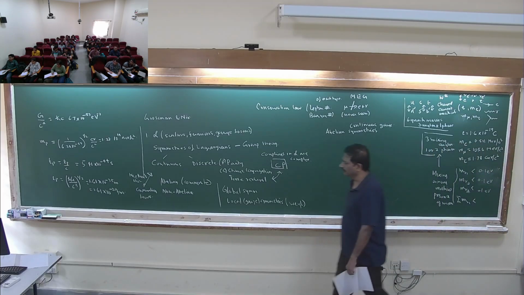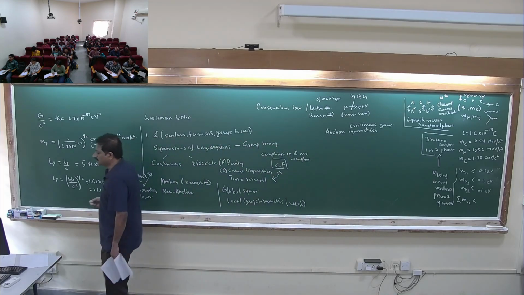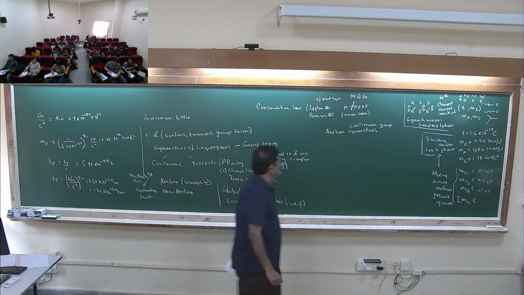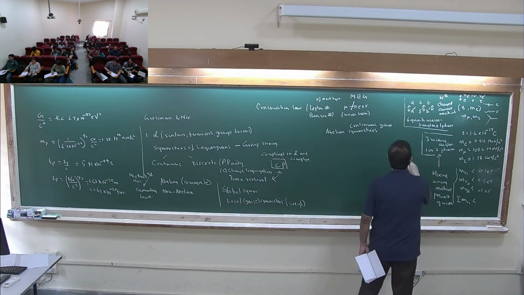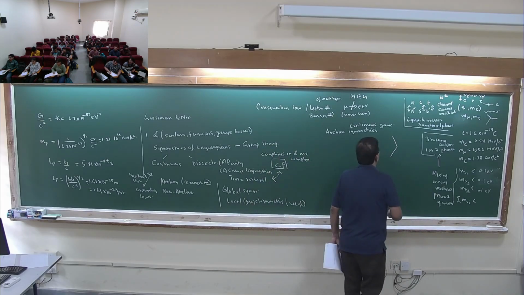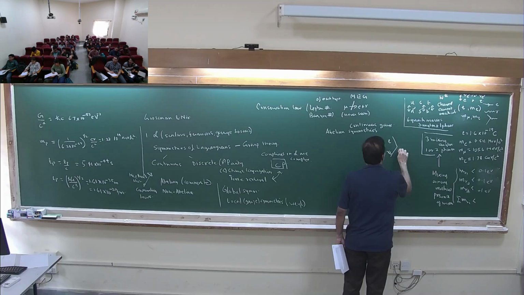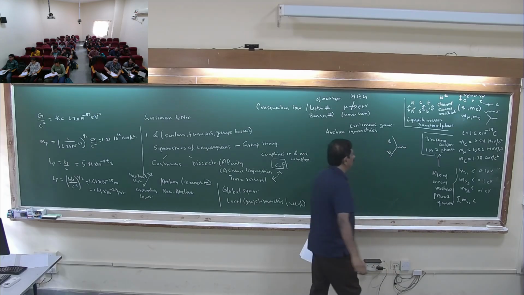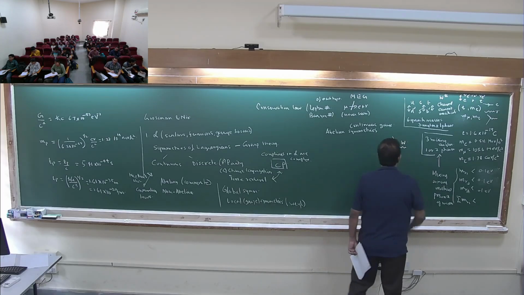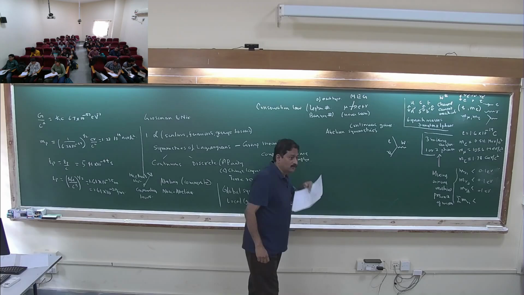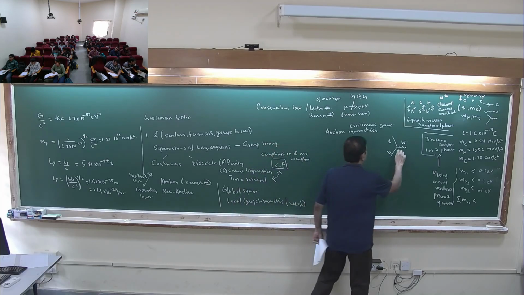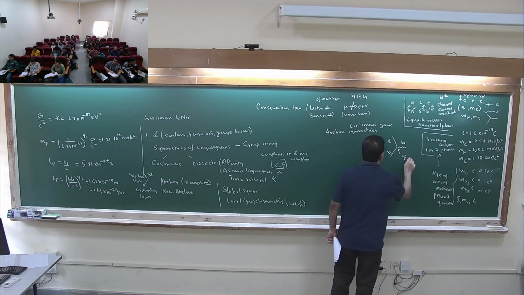So I mentioned something about the weak interaction. What does that mean? That means that there is a coupling between, let's say, a neutrino and an electron, and then there is an interaction like this, which is a W, okay? Which means that there should be a coupling constant associated with that, and that coupling constant is g.